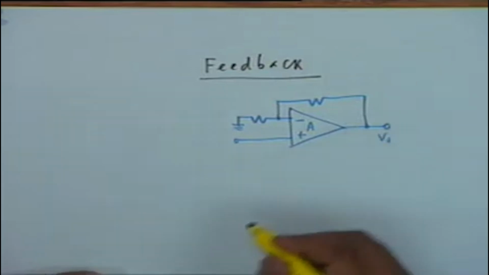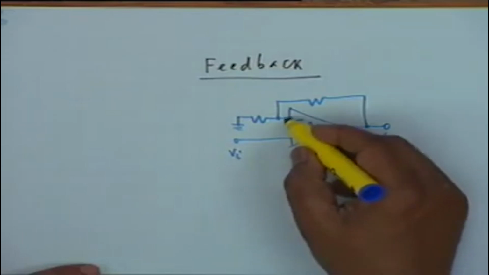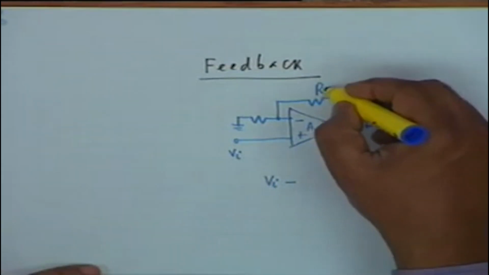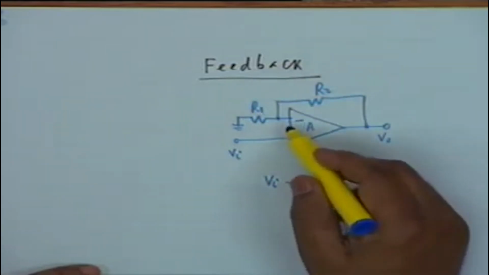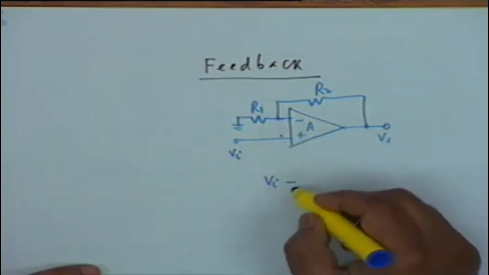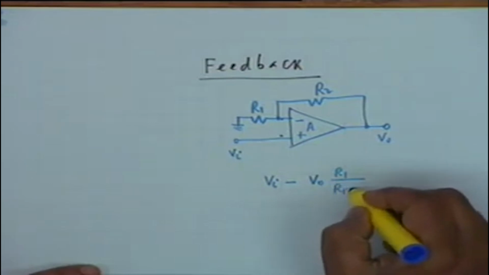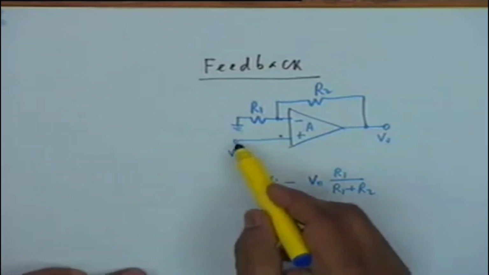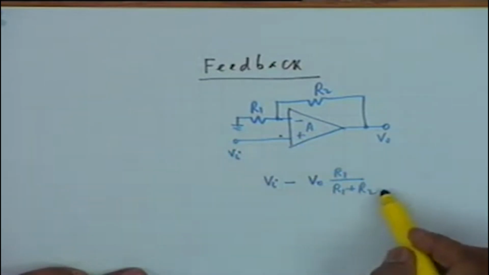So what is being actually done is that the actual input to the amplifier, if this is R2 and this is R1, between these 2 points is Vi minus V0 R1 divided by R1 plus R2. Is that clear? This is the actual input, and therefore the input that is applied to the amplifier is being modified by the output.